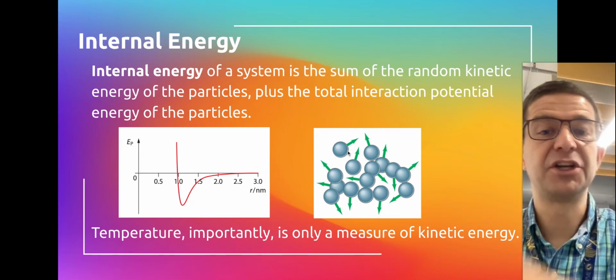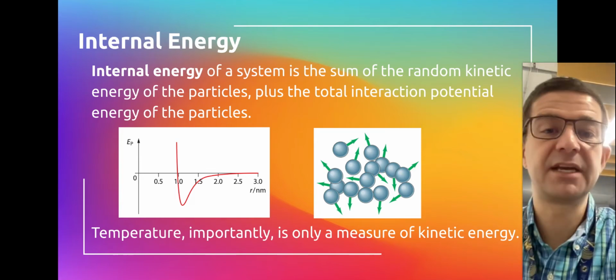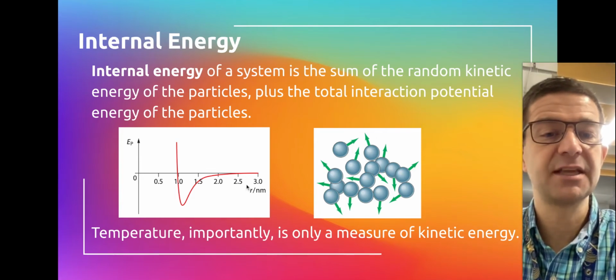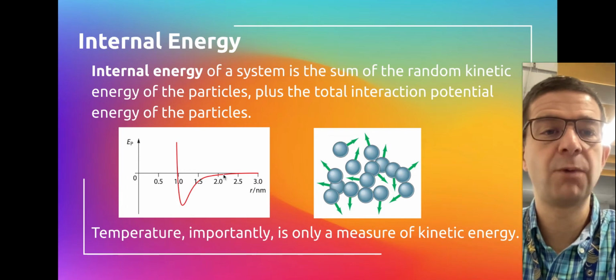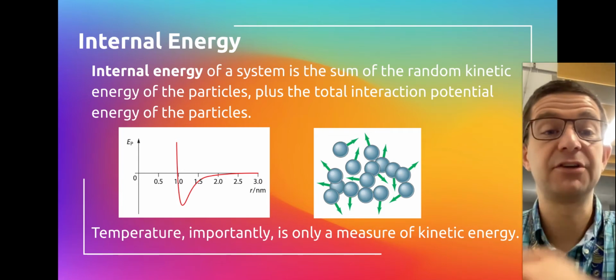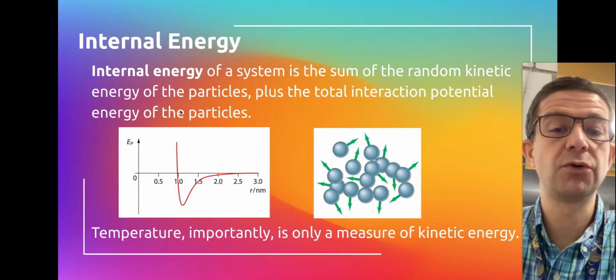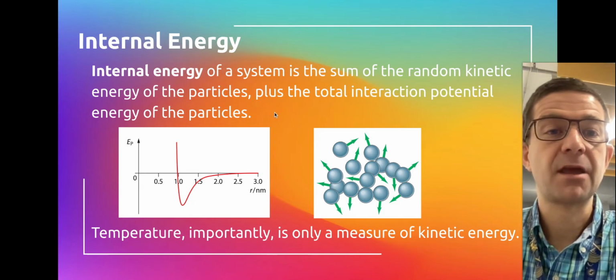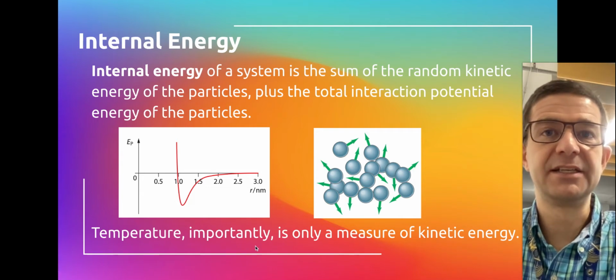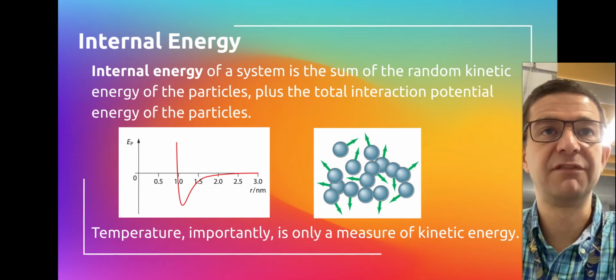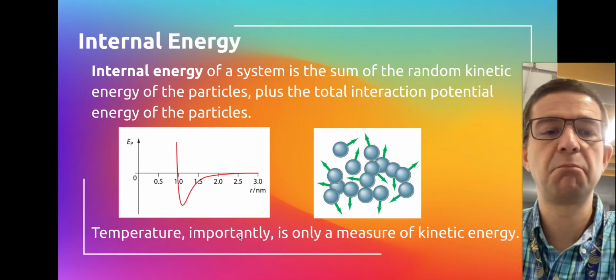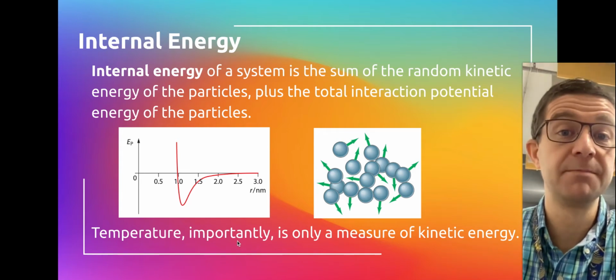They also have an attractive force between them because they're charged objects, and that attraction means that there's a potential energy as well. And when you add up that kinetic energy and that potential energy, you get the total internal energy of the system. Temperature is, as we know, a measure of the kinetic energy, and so it's a partial measurement of the internal energy, but not a complete one.